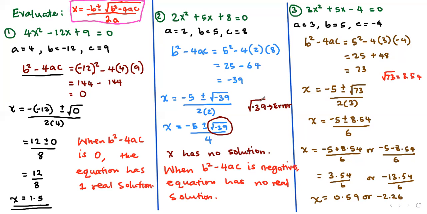So what do you note about this? We can say that when b squared minus 4ac is positive, positive means that it will be greater than 0.